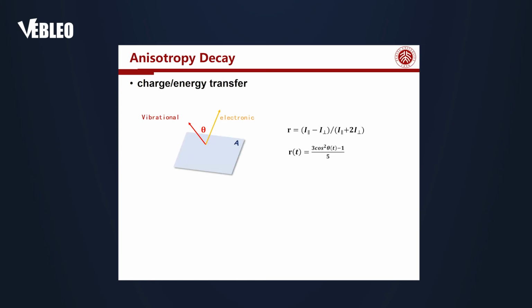So once the energy or charge is transferred from one molecule to the other, the anisotropy of the signal, excited by the pump and detected by the probe, must change. And if the change is larger, it indicates the energy or charge transfer is faster, which is certainly caused by stronger electronic coupling, right?